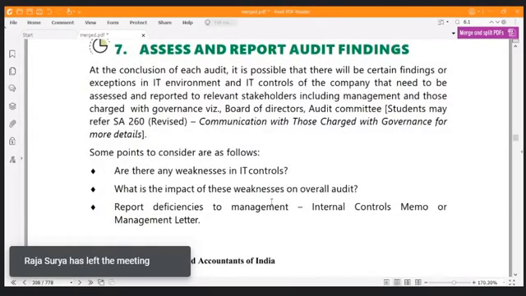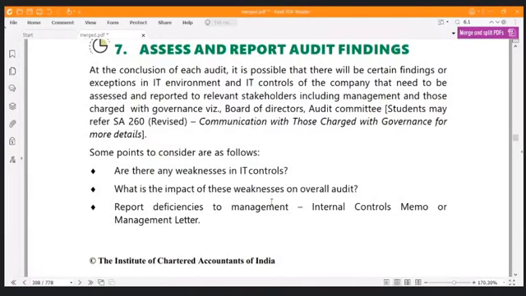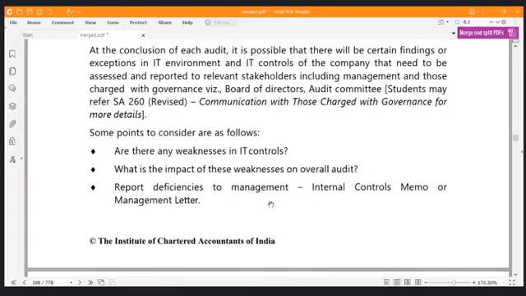Next, assess and report audit findings. Once you have those negative findings, you need to communicate them to those charged with governance. Those charged with governance is important because if you, as an auditor, report to the CEO or CFO, you know what happens.